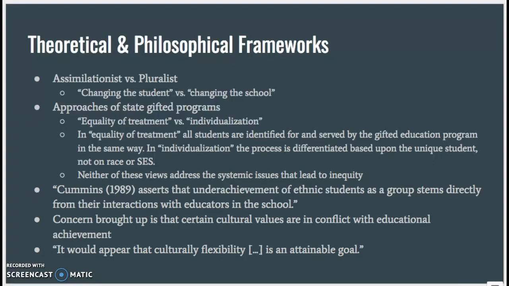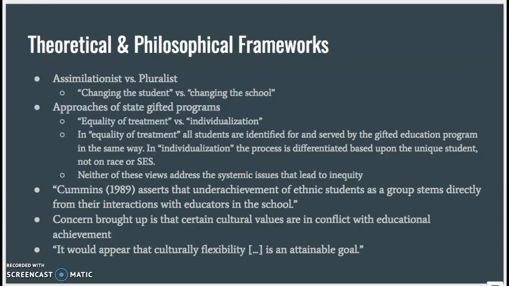Within different state gifted programs, two main approaches have been seen in gifted education, and those are equality of treatment versus individualization. In equality of treatment, all students are identified for and served by the gifted education program in the same way. They're all given the same assessment. It's the same process for every student, regardless of need or identity.